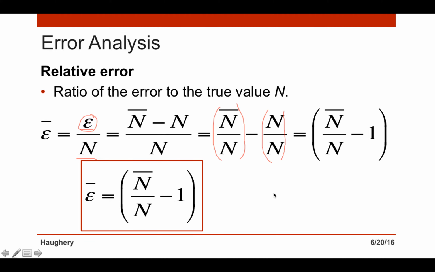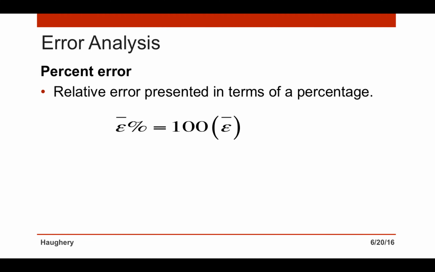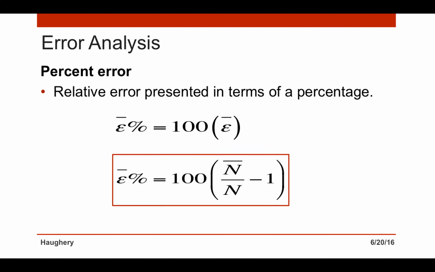So that's relative error, a ratio. We can then look at percent error. So how far off percentage-wise are we from our gold standard? So we measured something. How far off in percentage are we? Okay, of course, we can just take our relative error and multiply it by 100 to make a percentage.